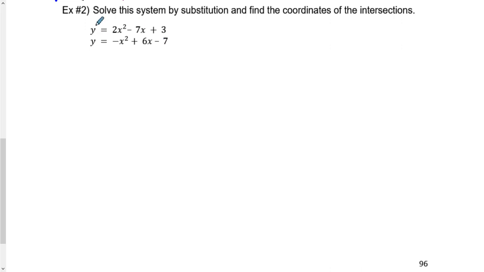Now, since they both equal y, instead of writing y in this equation, I'm just going to write 2x squared minus 7x plus 3. That's all that it takes for this substitution.